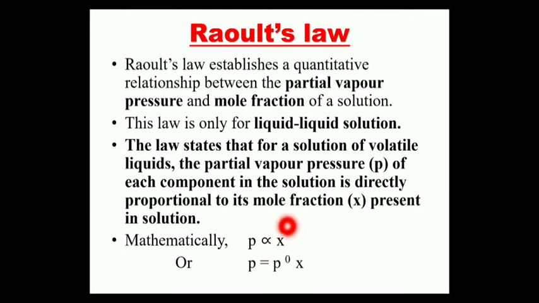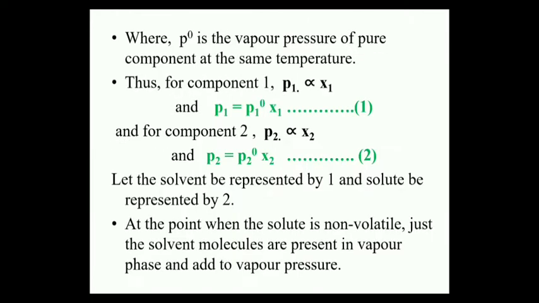In order to remove the proportionality sign, we can write the equation as P is equal to P naught X, where P naught is nothing but the vapor pressure of pure component at the same temperature. So P is the partial vapor pressure of the solution, P naught is the vapor pressure of pure component at the same temperature, and X is the mole fraction.